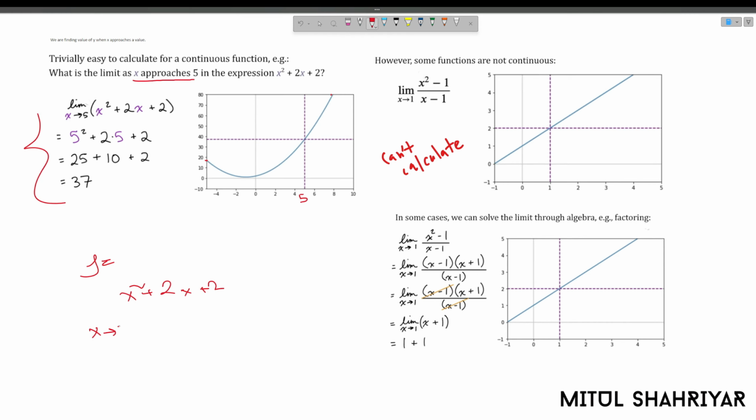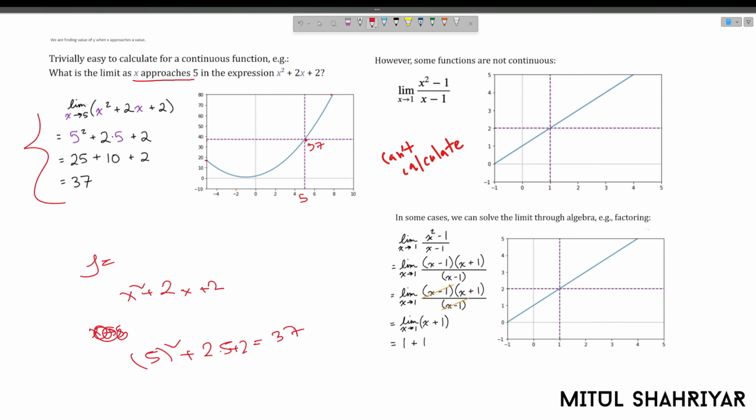So when x approaches 5, we can just put this value in for x. 5 squared plus 2 into 5 plus 2, what we get is 37. So at this point, that means 5, the value is 37. So we can do that basically. It is easy, right? We can just substitute this value instead of x, right?